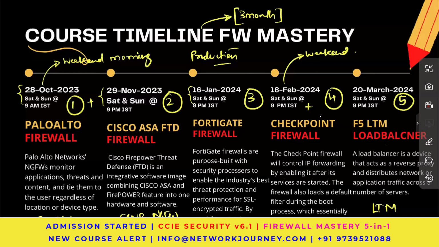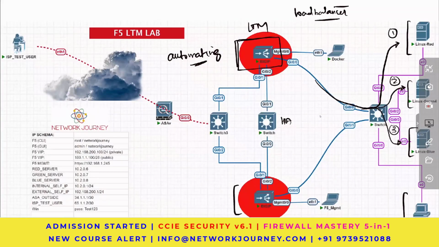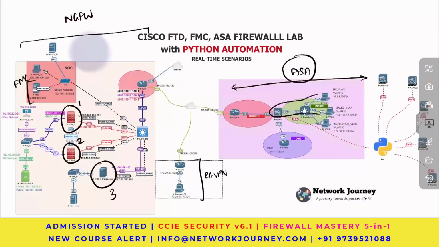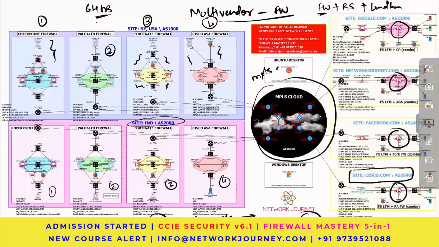First, let's say Palo, then ASA, then 40, then Checkpoint, F5 LTM. And once you complete all the 4 to 5, then this lab would be given to you with certain tasks, and we expect you can do more hands-on, maybe the firewall policy.